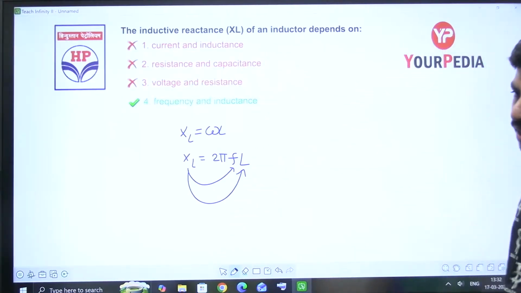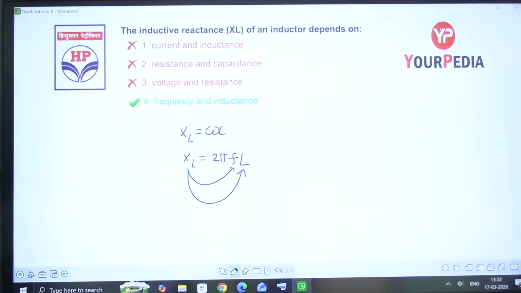Now read the statements. First option: current and inductance. Inductive reactance has nothing to do with the current, nothing to do with the resistance, nothing to do with the capacitance, and nothing to do with the voltage and resistance.